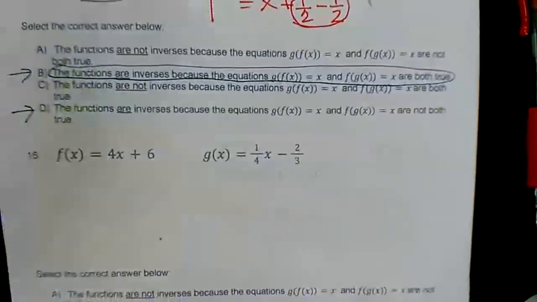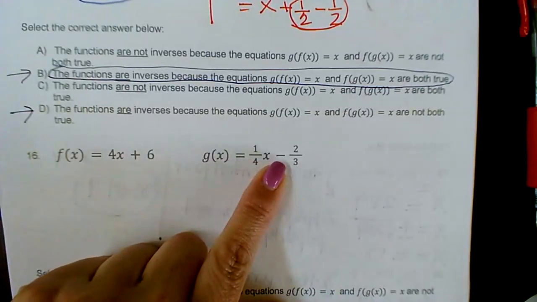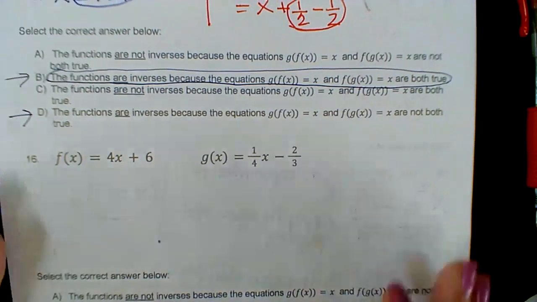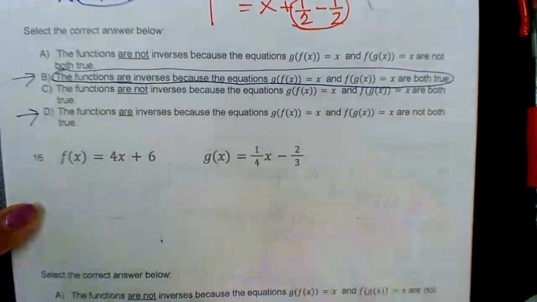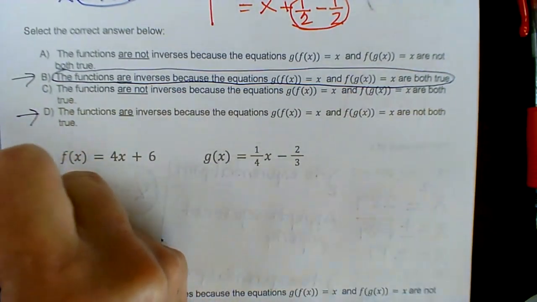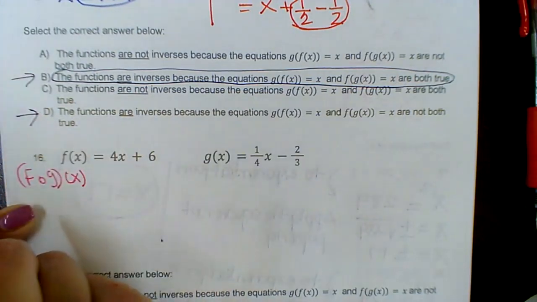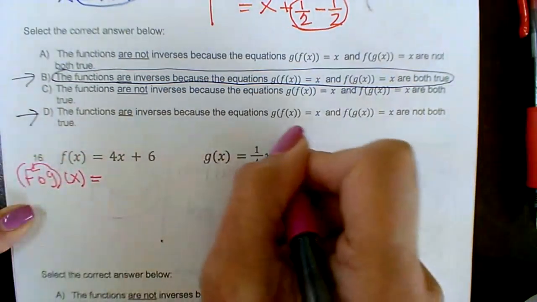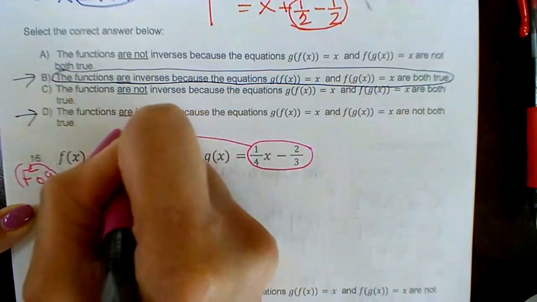16. Again, we need to find out if they are inverses. So let's take exactly how we did it there. So it's going to be f of g of x. That means I'm taking g into f.